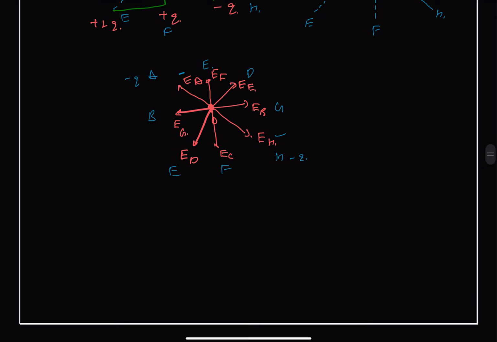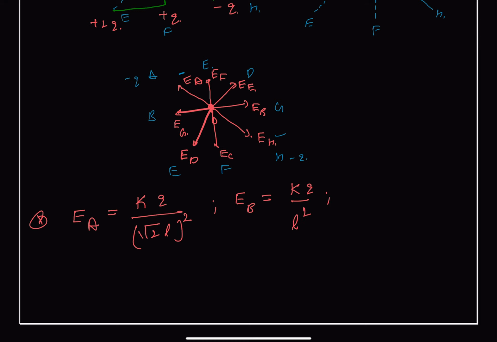So we can say that our electric field because of EA will be equal to KQ over the square root of 2L whole square. And next we can find out our EB. EB is equal to KQ over L square. EC will be equal to 2KQ upon L square.